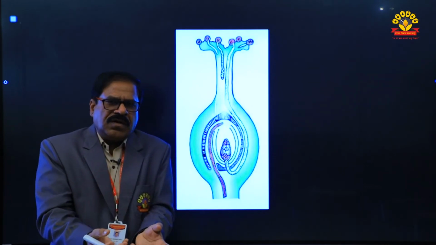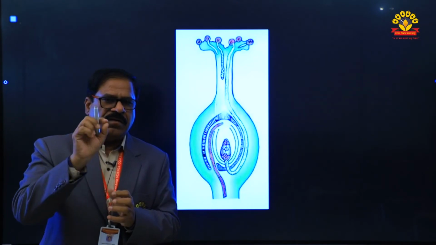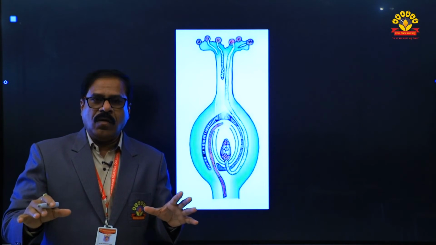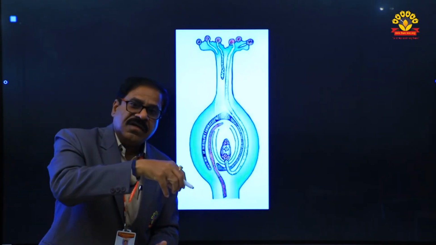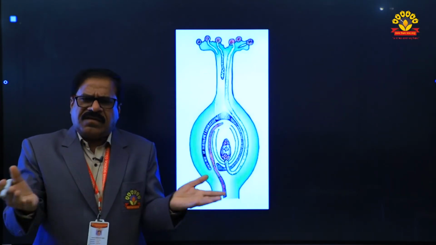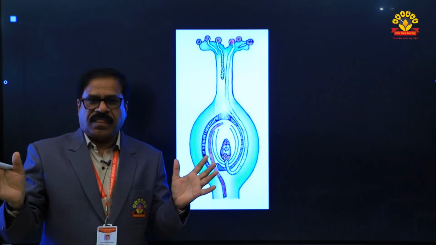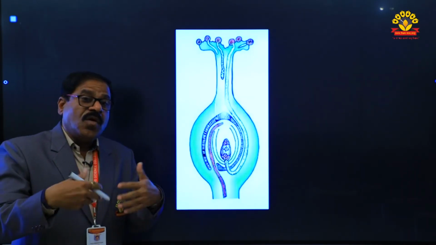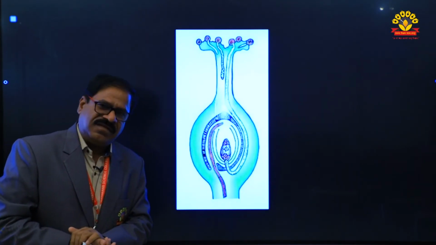Then, due to the chemicals present in the synergid cell, the tip of the pollen tube bursts, and the complete content of the pollen tube is released in the synergid cell. Due to excess content, the synergid cell again bursts. Now the two non-motile male gametes are released just near the egg cell.